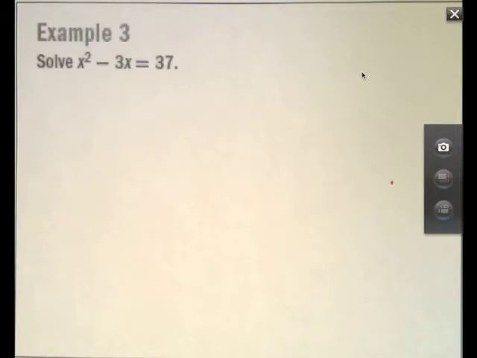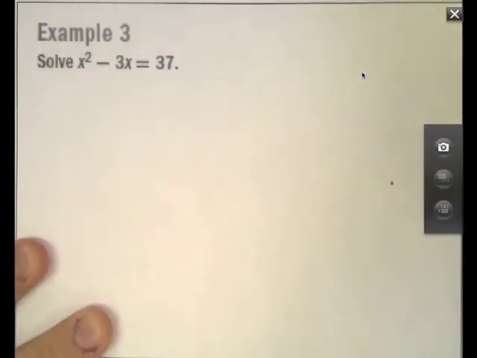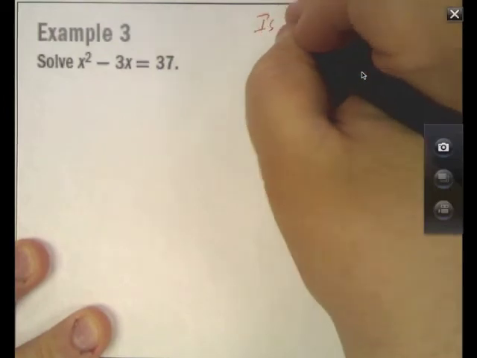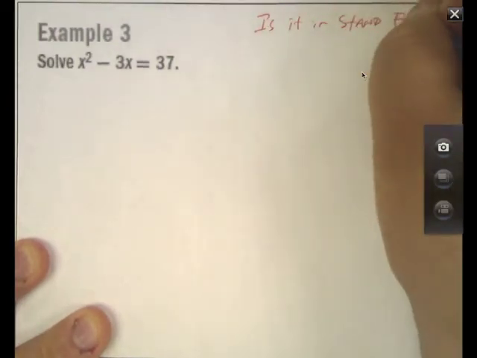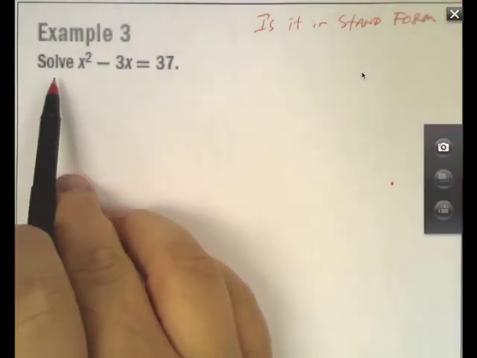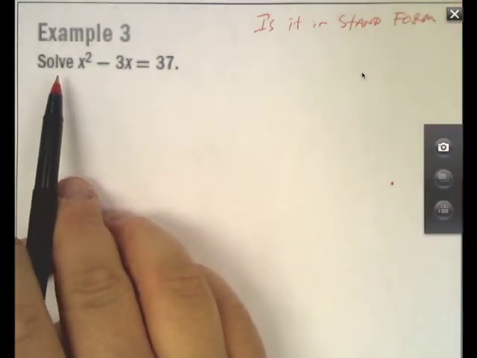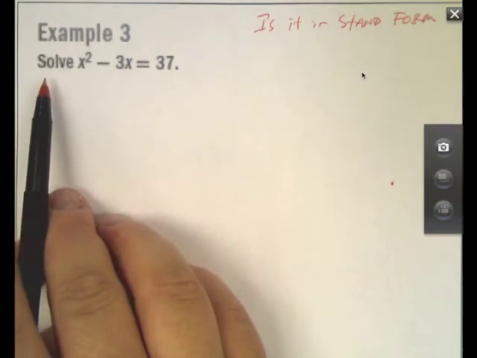All right, let's take a look at example 3. Solve x squared minus 3x is equal to 37. Now remember, the first thing you got to ask yourself is, is it in standard form? Is it in ax squared plus bx plus c equals 0 form?